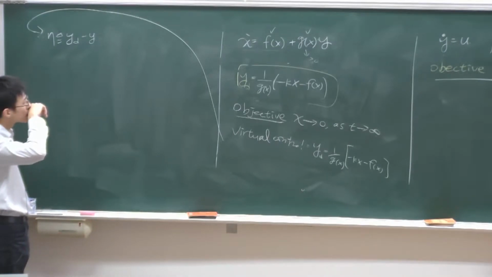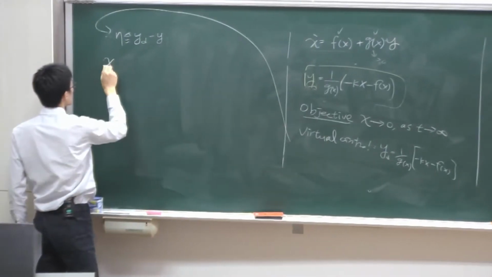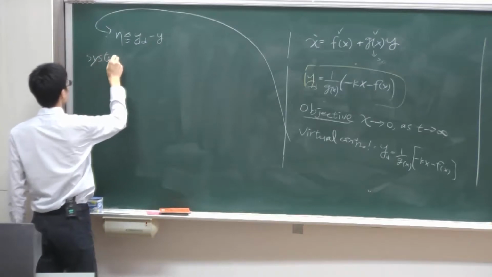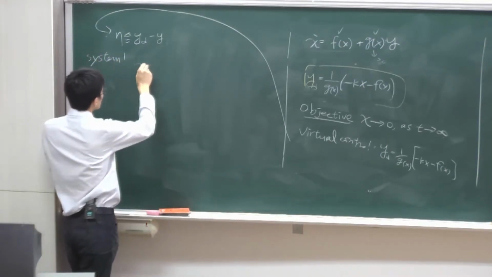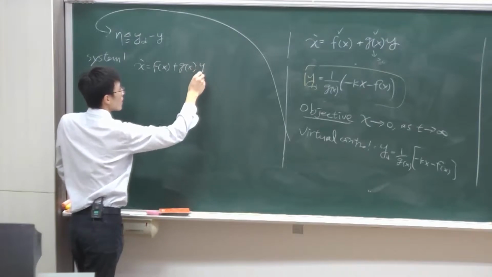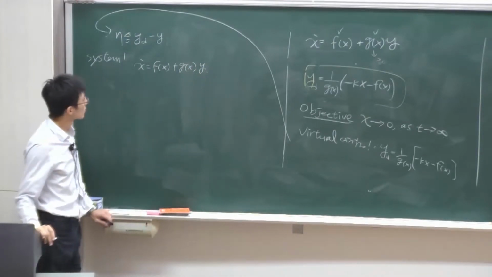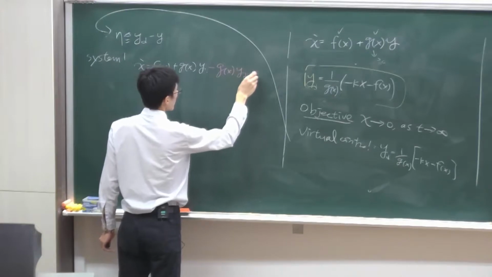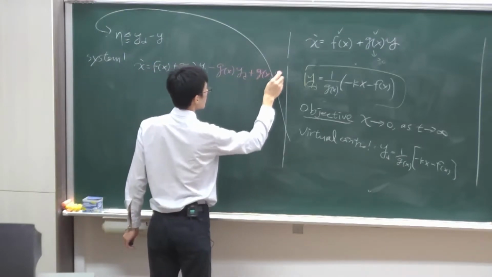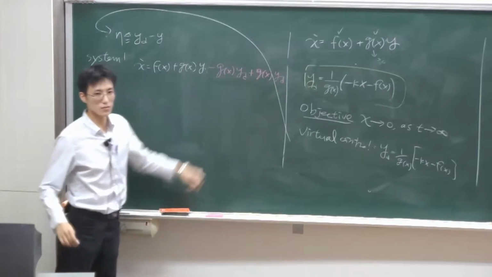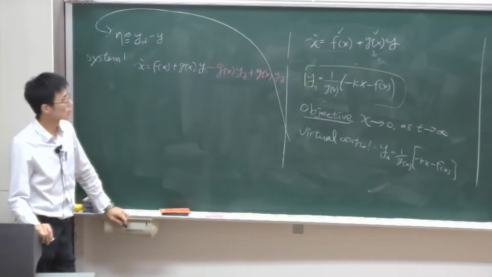Now in system 1, x dot is equal to f x plus g x y. Now I subtract and add the same term, which doesn't change the dynamics.